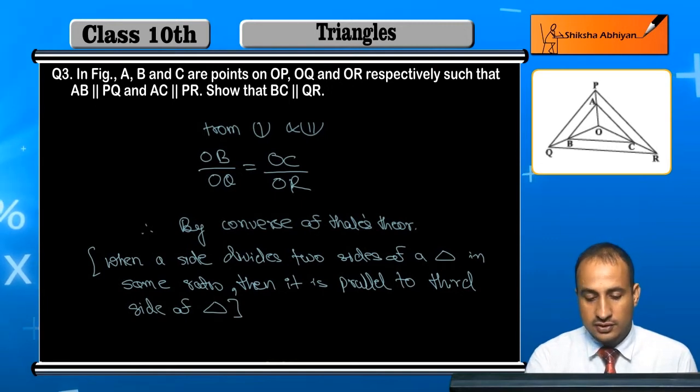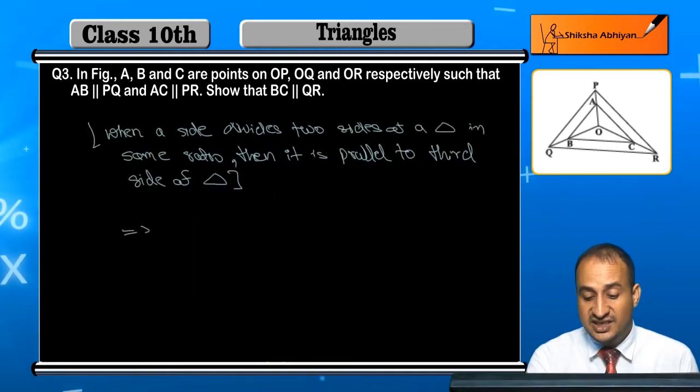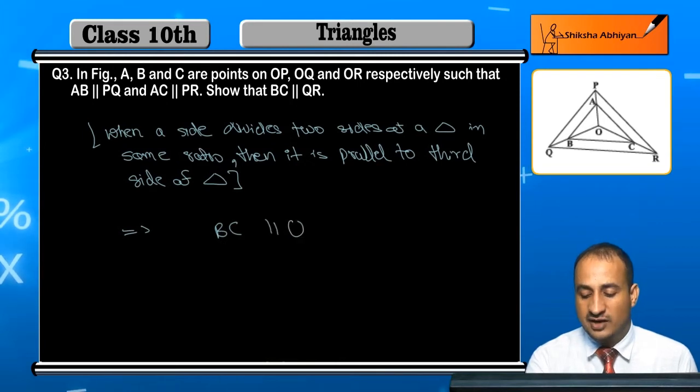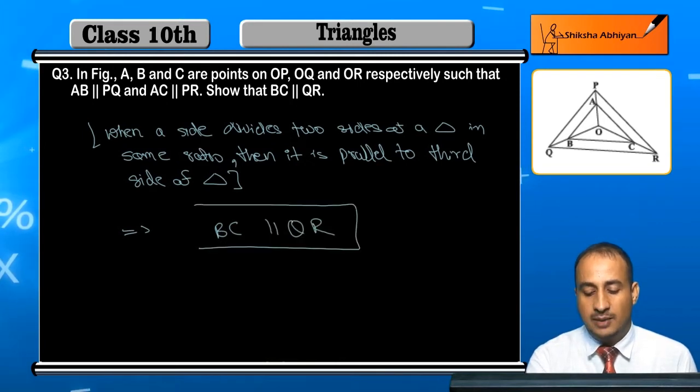So therefore this implies that BC is parallel to QR, and this is what you had to prove.